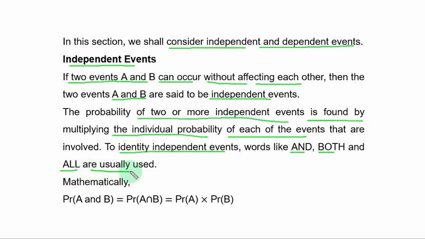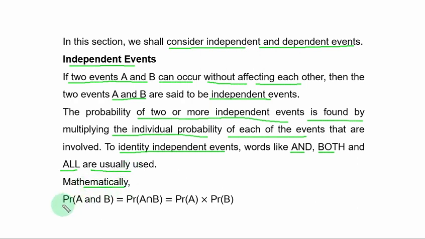In addition rule, we have or, either, and neither that help us to identify the addition rule. But for multiplication rule, and and both help us to identify the rule.